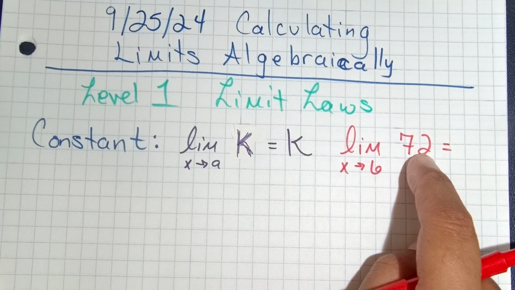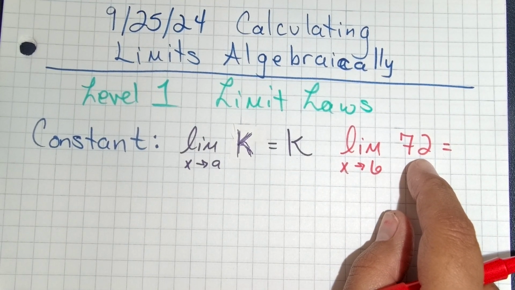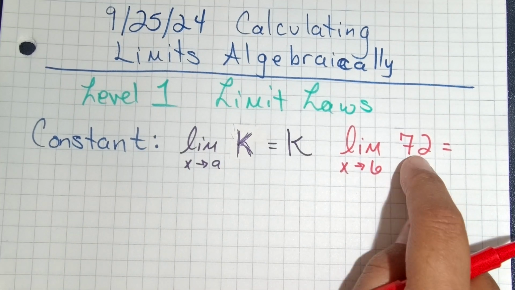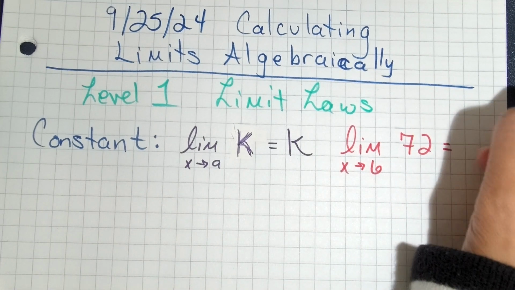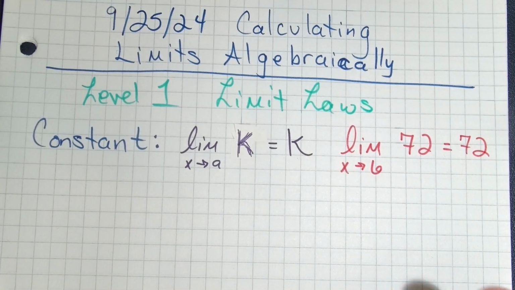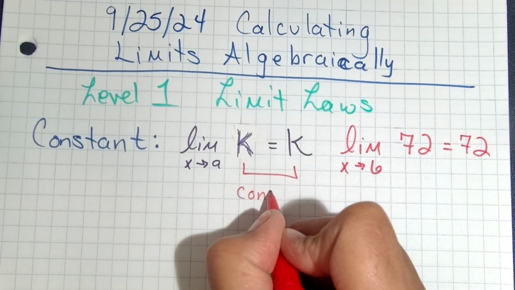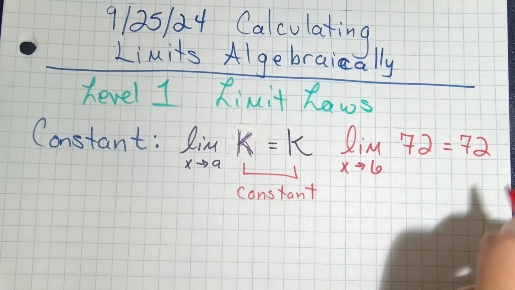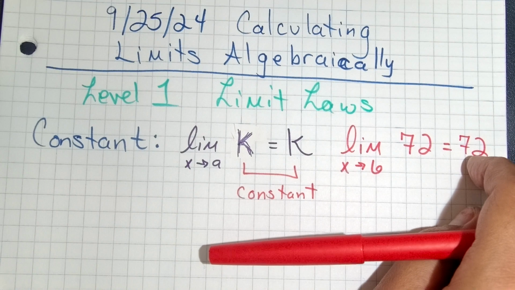Yes, it is the same, it's constant, it's never changing. This is a constant because it will not change. So it doesn't have a variable, and that means the limit is 72, okay? So again, this is a constant, which is a number without a variable. So if you get something without a variable, that is just the limit, okay?